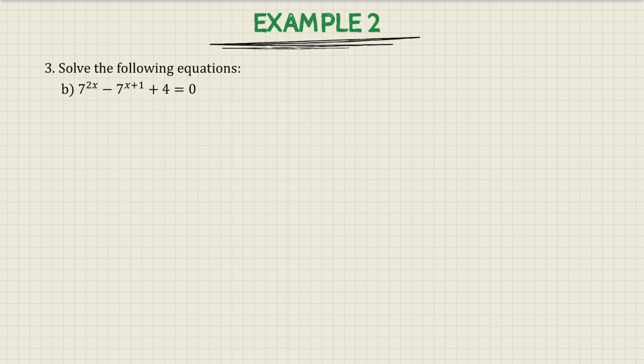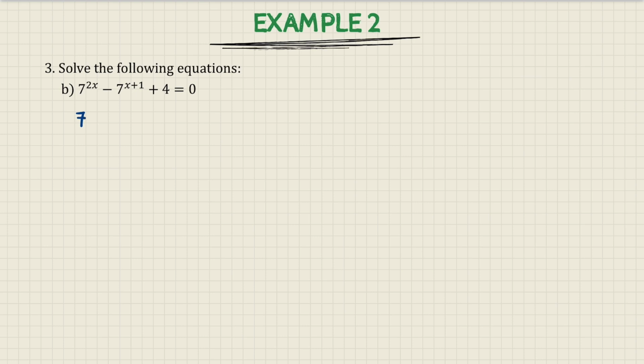Okey, kita beralih kepada soalan yang kedua. So we have 7 to the power of 2x minus 7 to the power of x plus 1 plus 4 equals to 0. Okey. So perkara pertama, saya akan separatekan 7 power of x plus 1 ini kepada 7 power of x multiply by 7 to the power of 1.